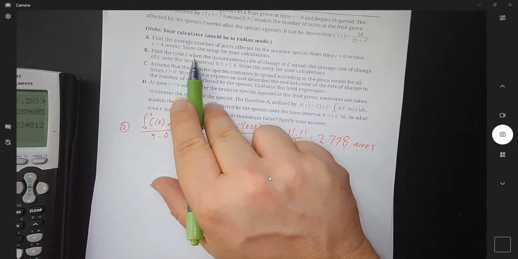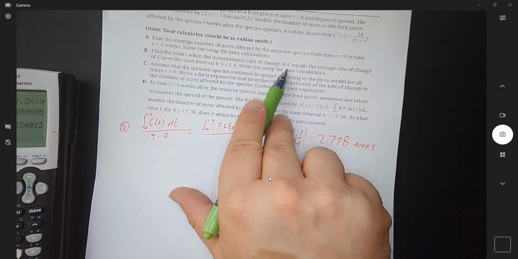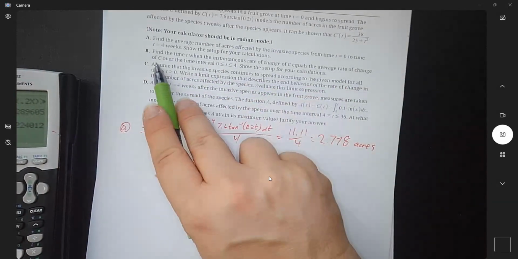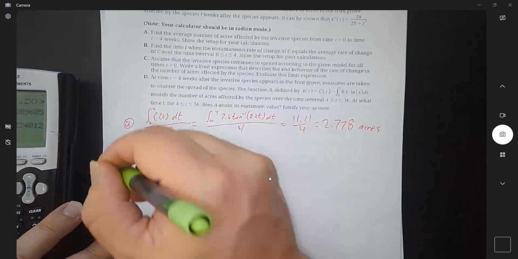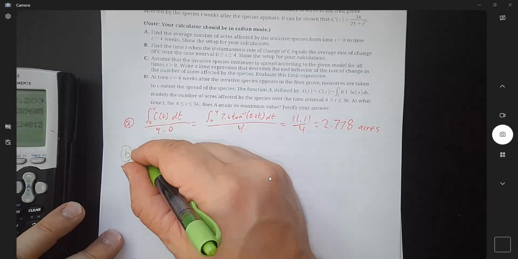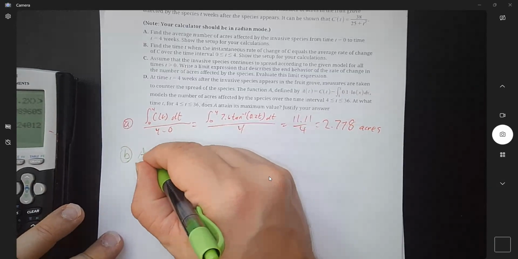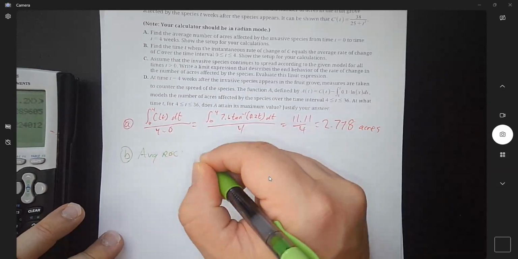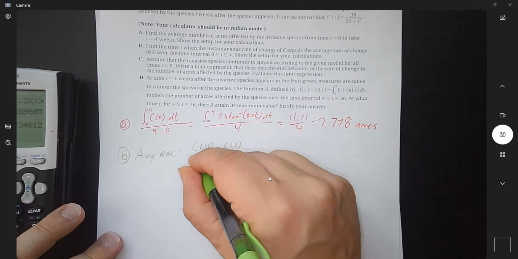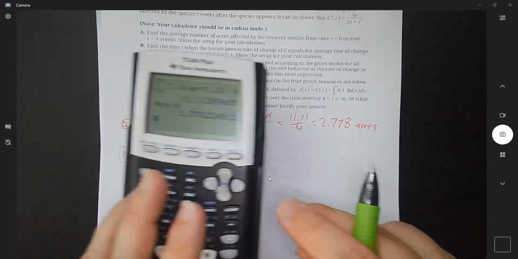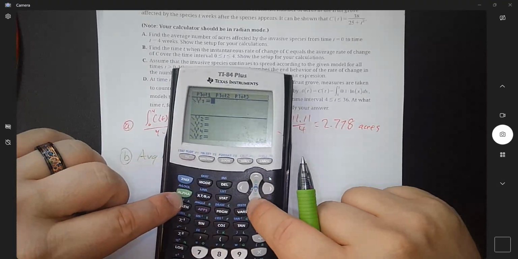Okay, find the time t when the instantaneous rate of change of C equals the average rate of change of C over this interval. So what is the average rate of change? The average rate of change is going to be C at 4 minus C at 0 over 4 minus 0. So I might as well just enter C into my calculator here.